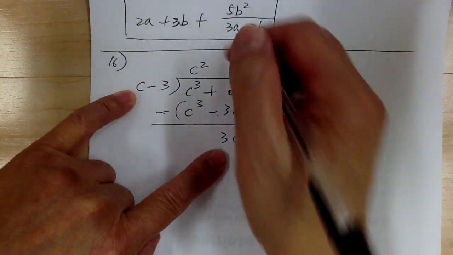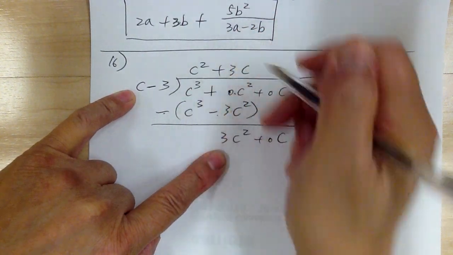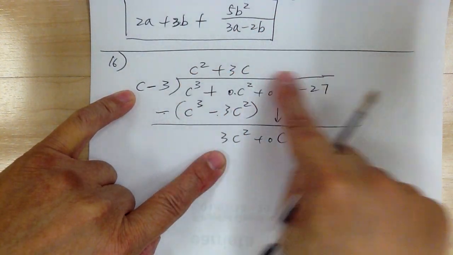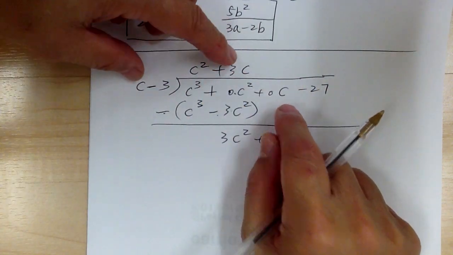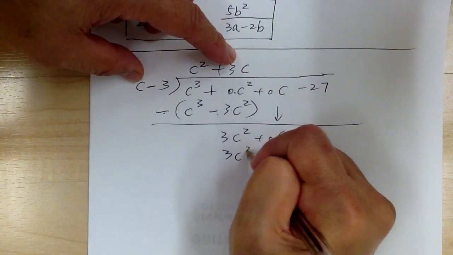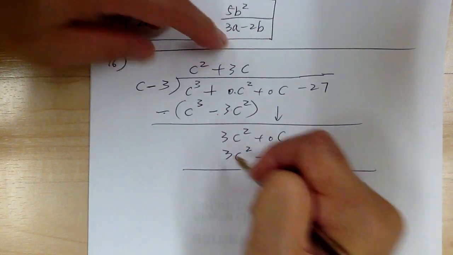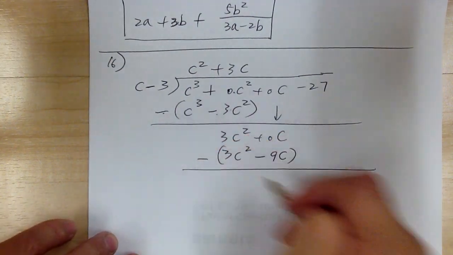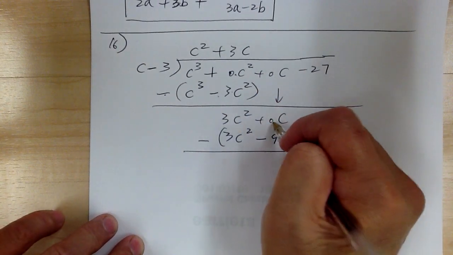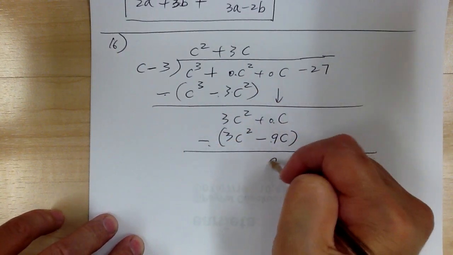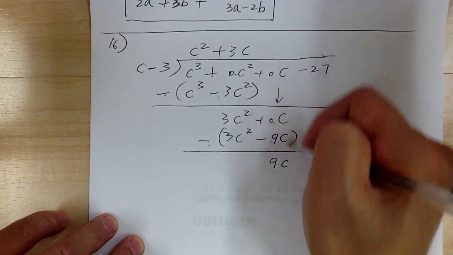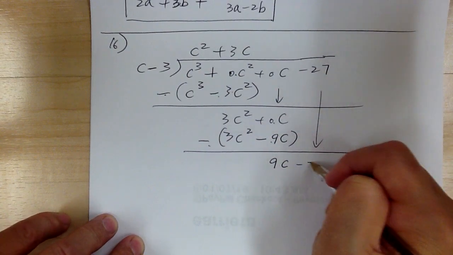You need to get 3c. Again, notice this always goes down in order. So when you multiply, you get 3c squared. This one you get minus 9c. Put in parentheses, subtract. So this cancels out. You got 0 minus negative 9 gives you positive 9. So positive 9c. And you drop the next one.